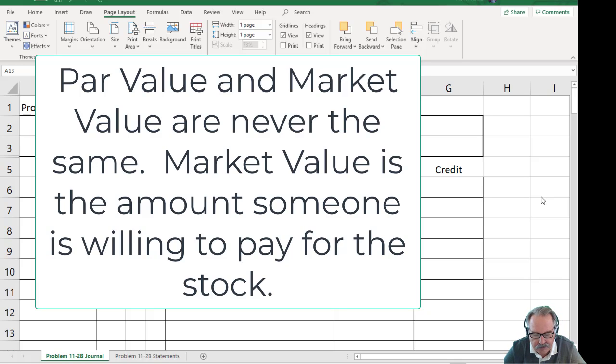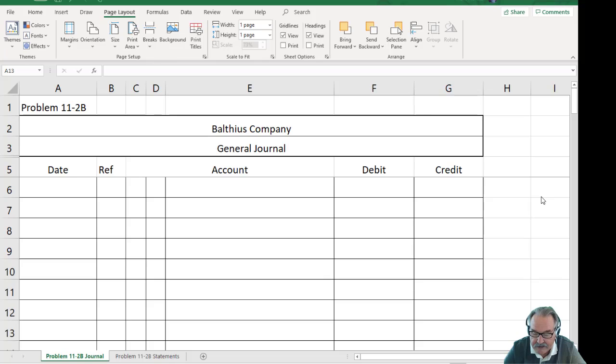And then there's a balance in retained earnings of $2,160,000 for a total stockholders' equity of $3,760,000. So our job is to record the transactions that happened during the year and then prepare a statement of retained earnings and the ending stockholders' equity balances.